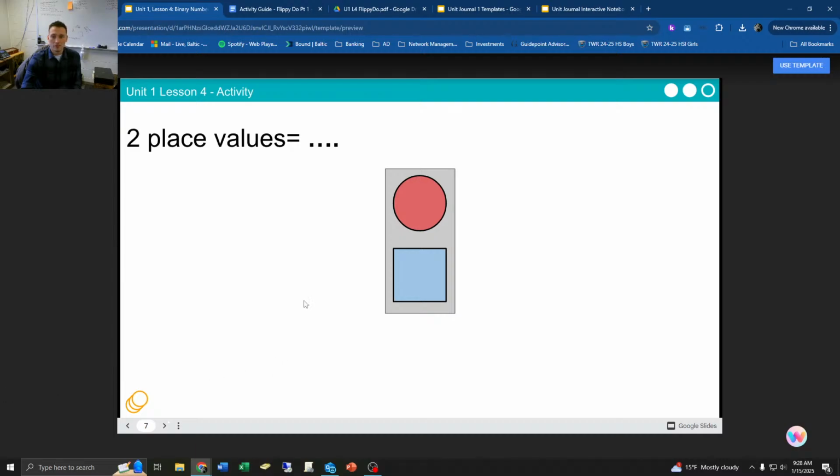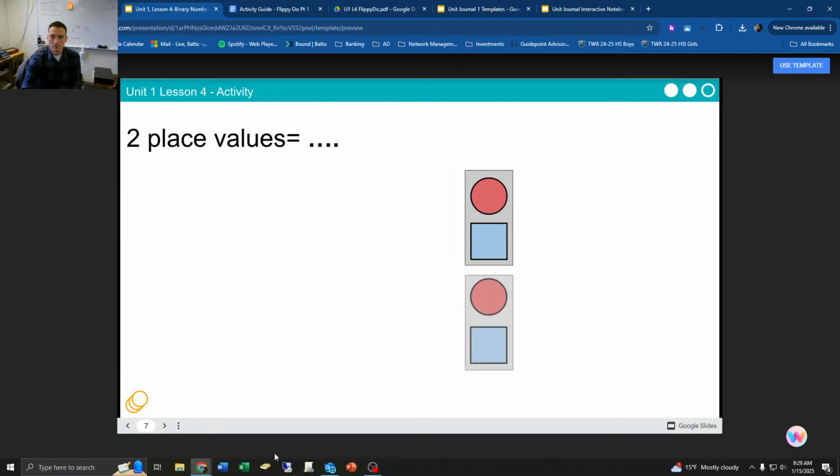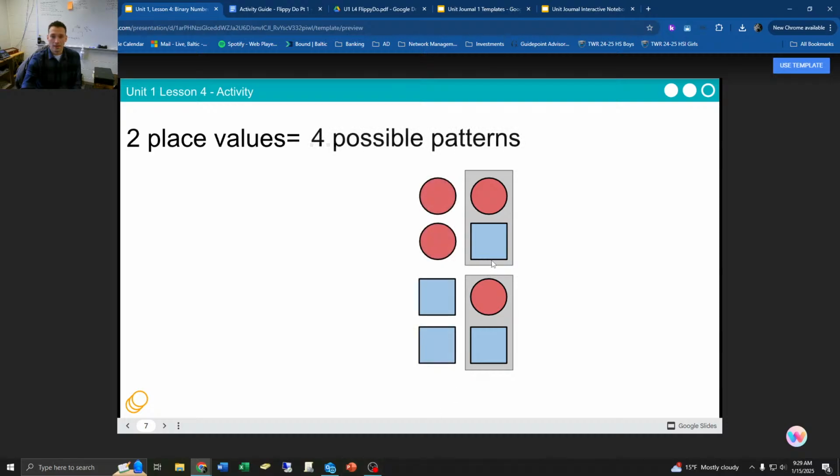Now we have two place values. So we've got our circle or we've got our square. Okay. And then now we have four possible patterns. So with two place values, we can make two sets of the previous patterns, then insert circles in front of the first set and squares in front of the second set, and this makes four possible patterns: 1, 2, 3, and 4.